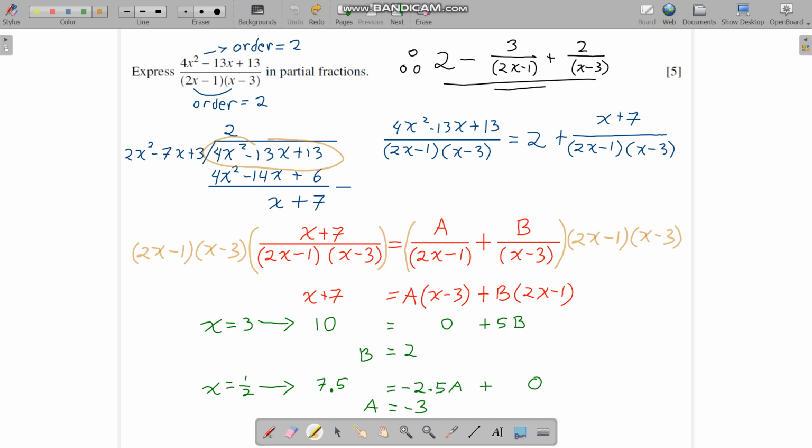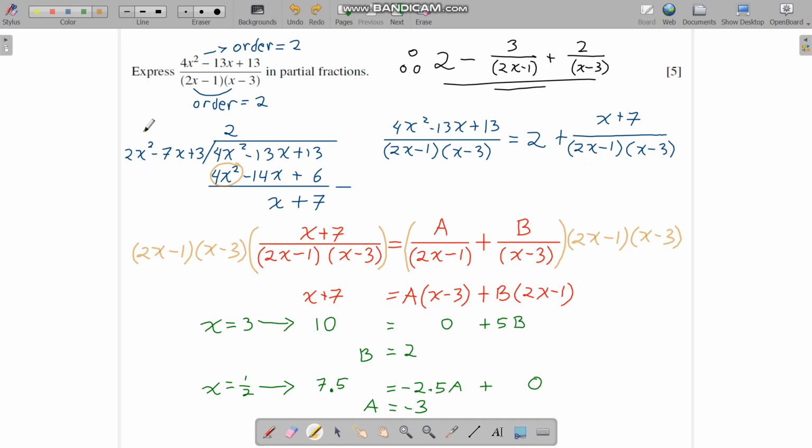And this is the dividend, the numerator. The divisor, we have to expand 2x times x and so on, expand everything and use this expanded form of the divisor, and then we divide 4x squared divided by this.